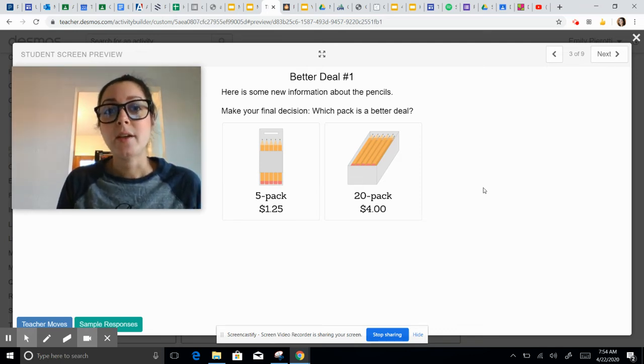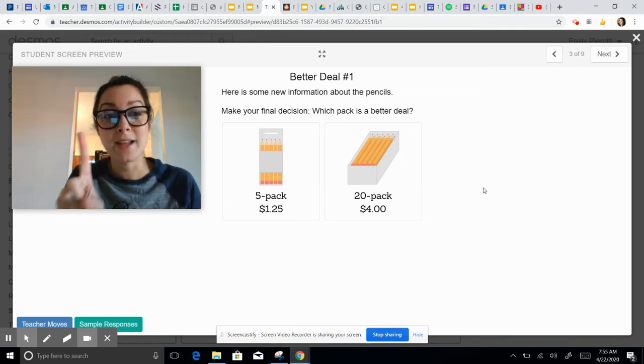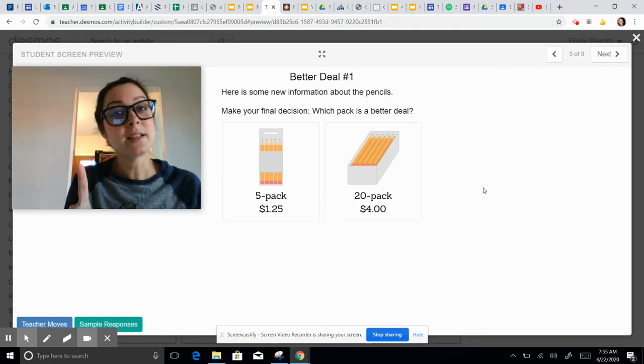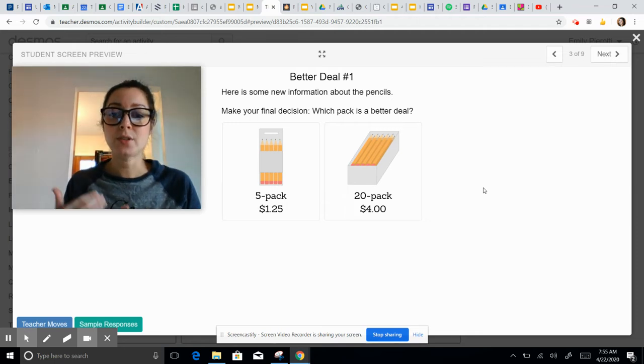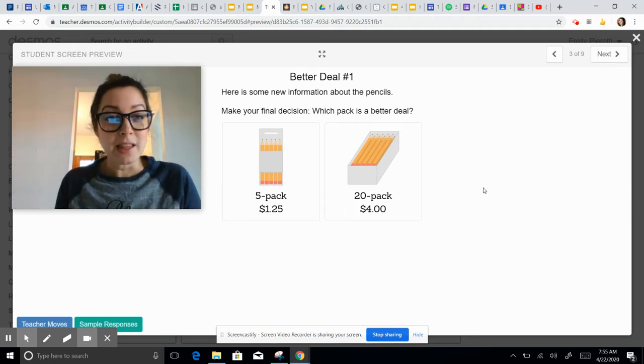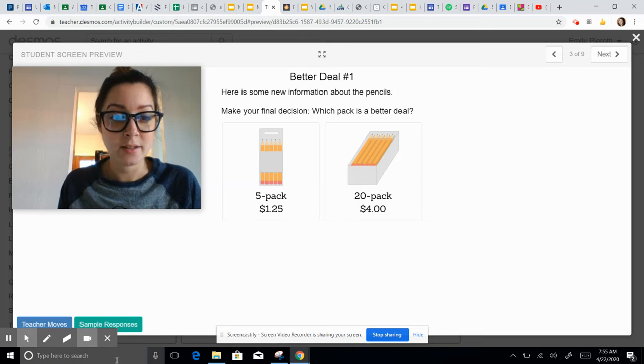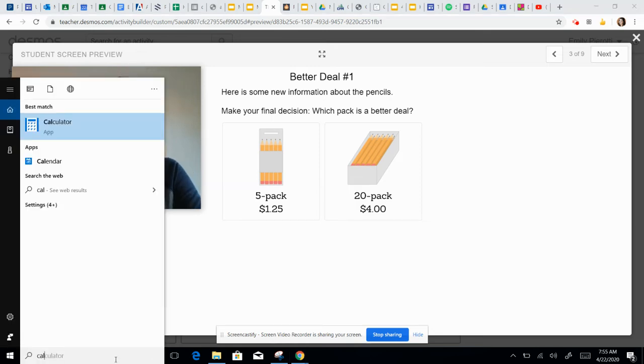But you need to think about the unit rate. You need to think about how much one pencil costs. Because if you think about how much one pencil is, then that's going to help you make a more informed decision. So if you do a little calculating here, let me pull up a calculator.